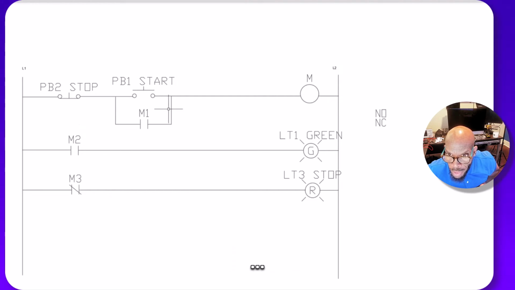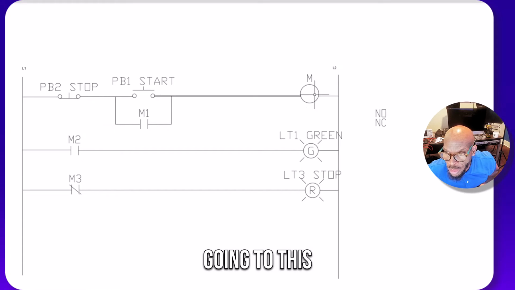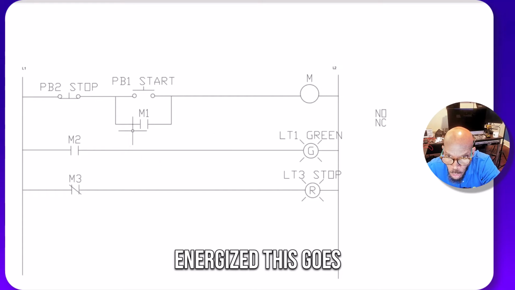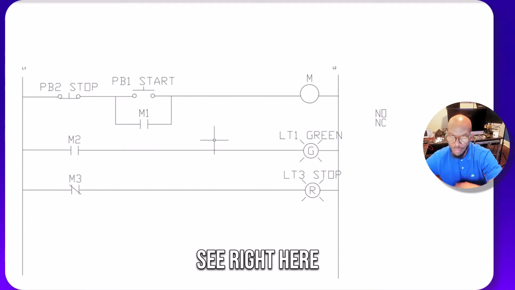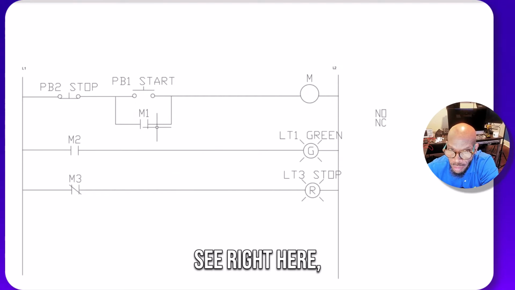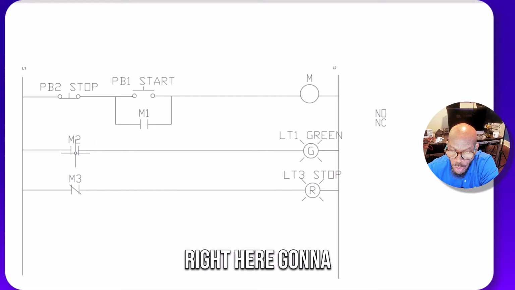So there won't be any more power going to this motor, and this coil is going to de-energize. When the coil de-energizes, this goes back to the state that you see right here, and this contact goes back to that same state.